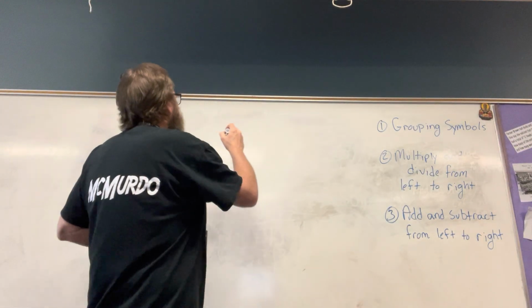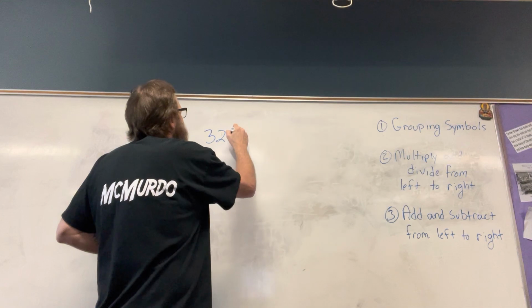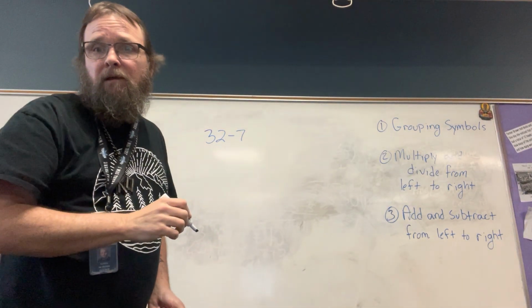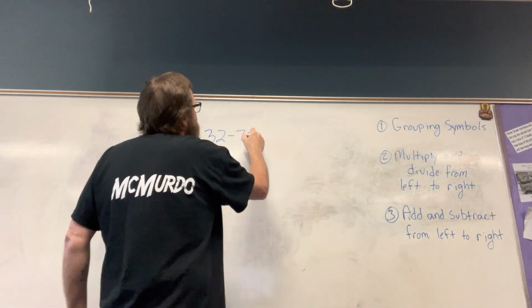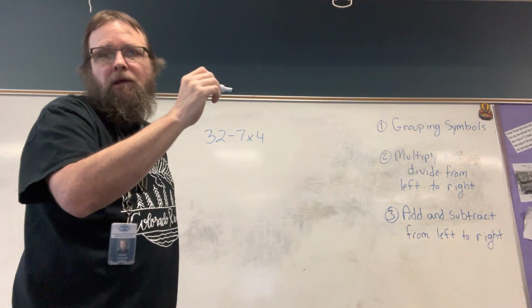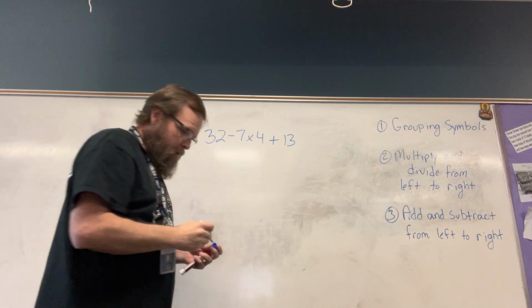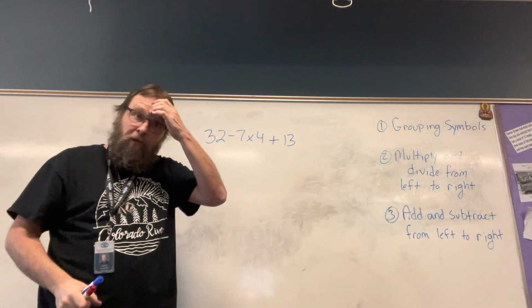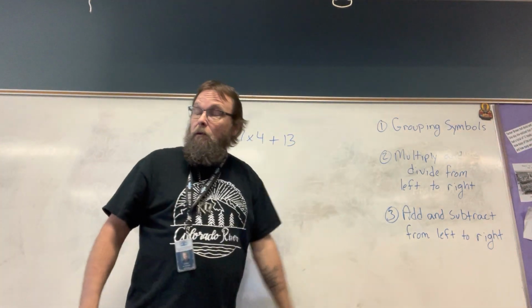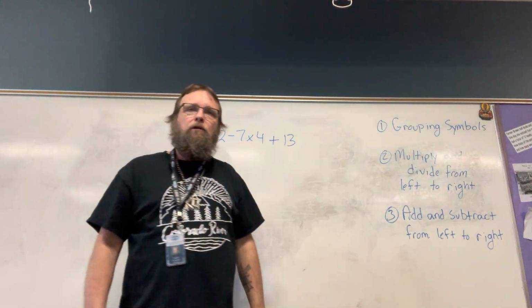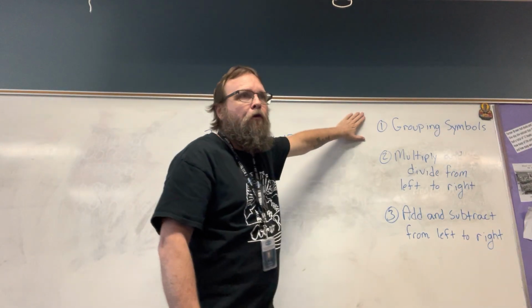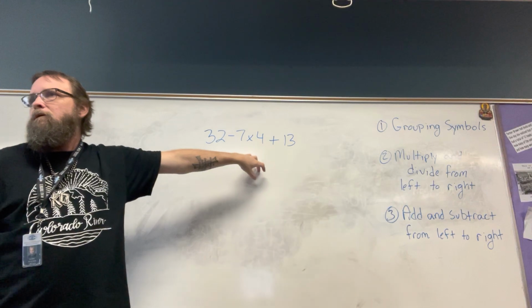Let's see, 32 subtract 7 times 4 plus 13. I go through each step again, and you have these steps in the Google Slides on order of operations. Are there any grouping symbols?